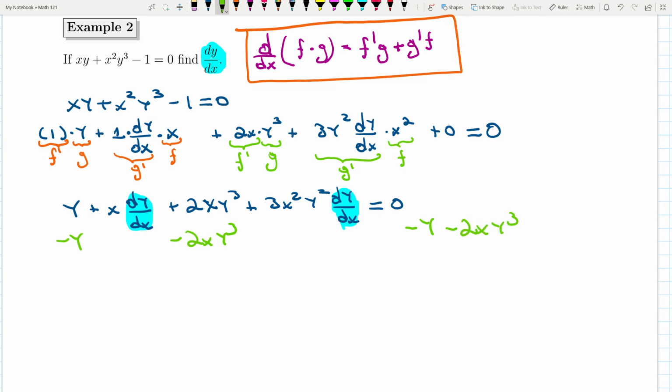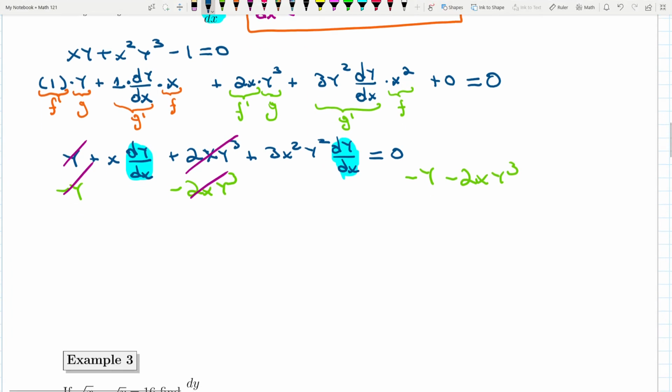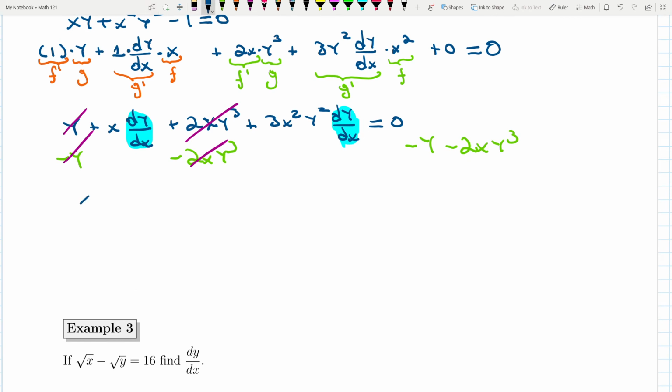Okay, so let's cancel those terms and get x dy/dx plus 3x squared y squared dy/dx equals -y minus 2xy cubed.